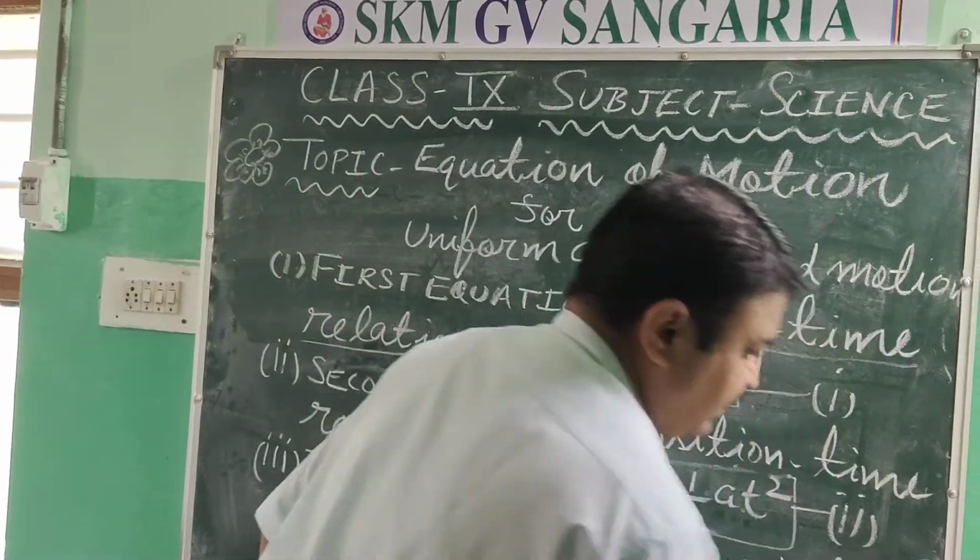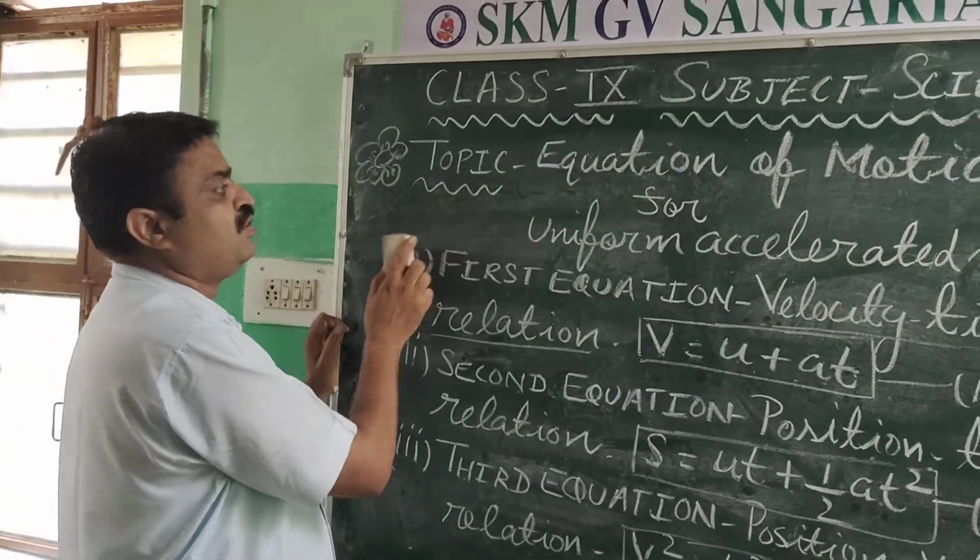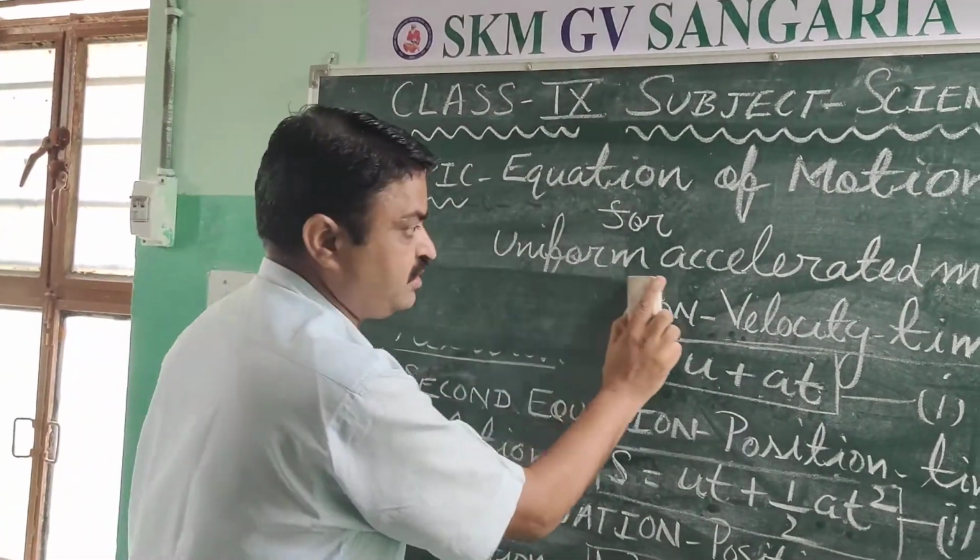Now we will discuss the next type of motion. It is uniform circular motion, student.